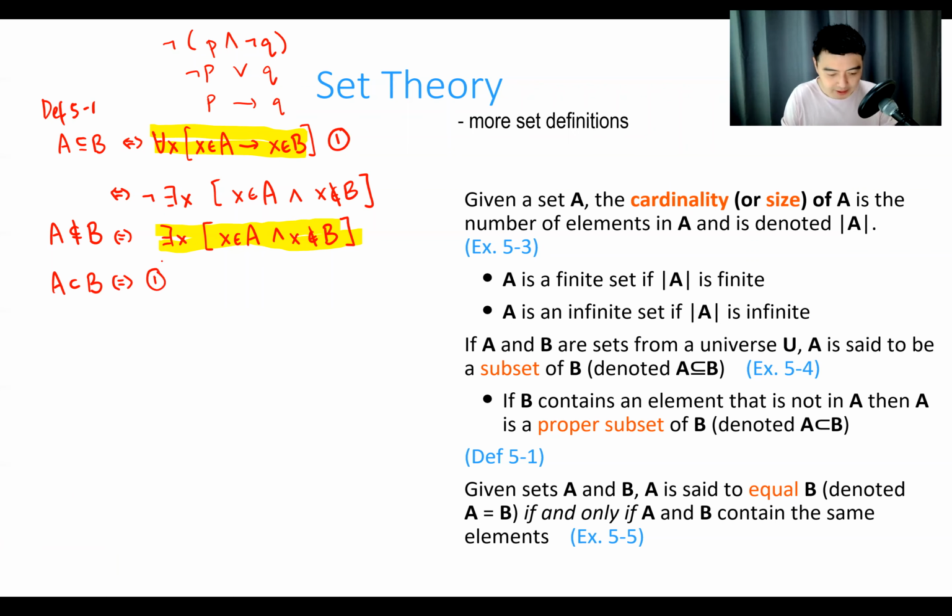Okay, so everything in A is also in B. And the second part of this definition is there must be an object that is in B and it is not in A. So the first part is everything in A has to be in B. And the second part is there has to be an object in B that is not found in A as well. Okay, so there's 2 parts to that definition.